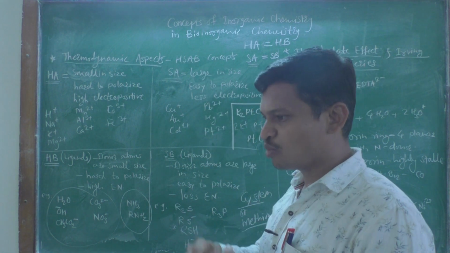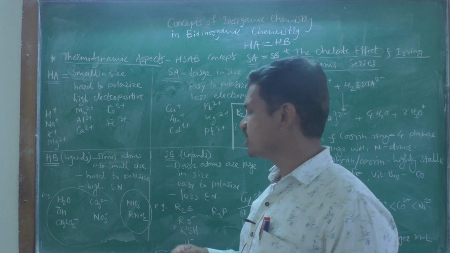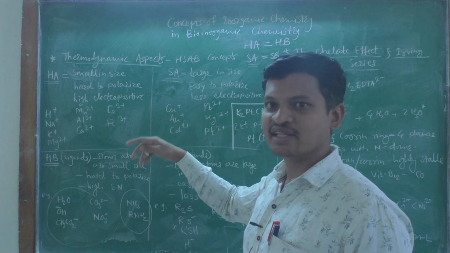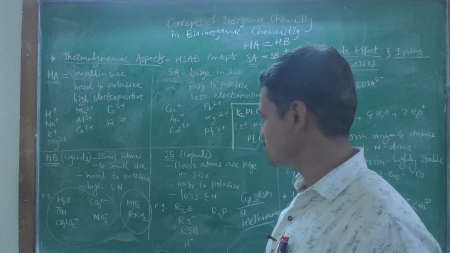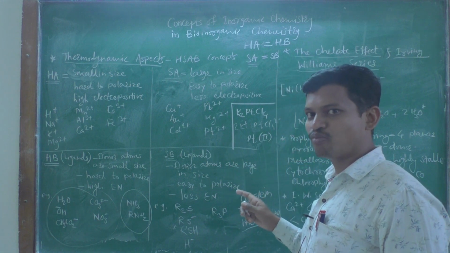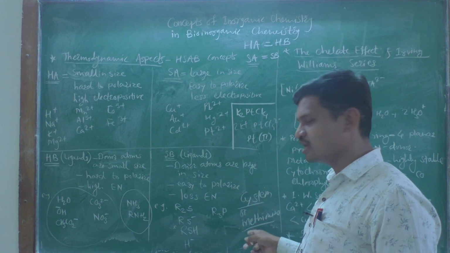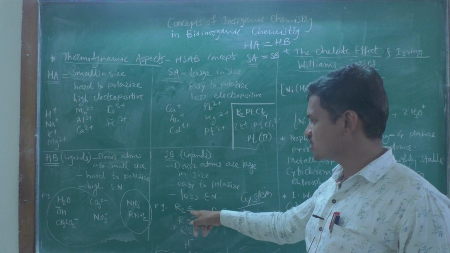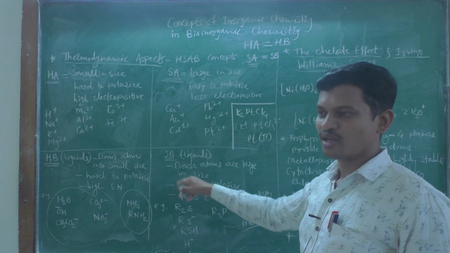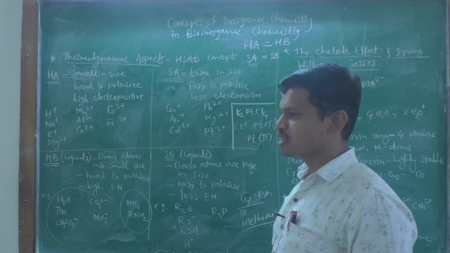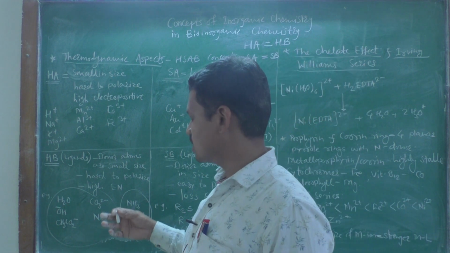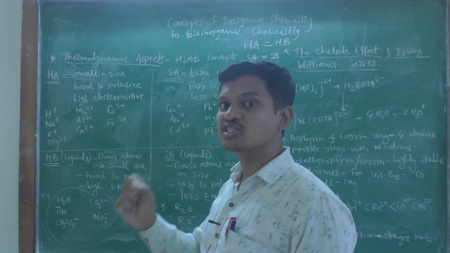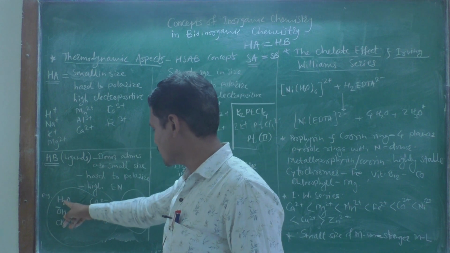Hence, although a number of possibilities are there for the binding of this platinum 2 plus with different ligand sites in the amino acid residues or nucleic acid residues, it is preferentially bonding with cysteine or methionine, in which the donor sites are sulfur atoms. Why? Because a sulfur donor site is a soft base, and it does not bind with the amino acids in which the donor sites are oxygen or nitrogen atoms.